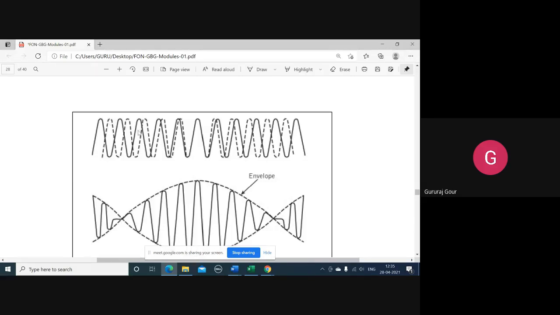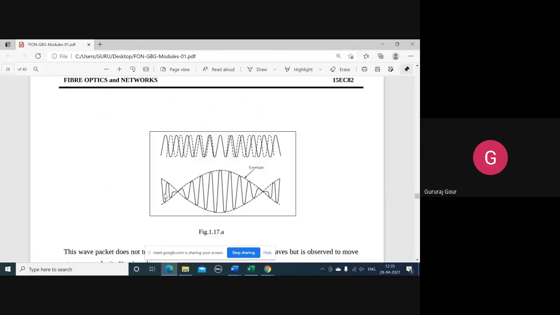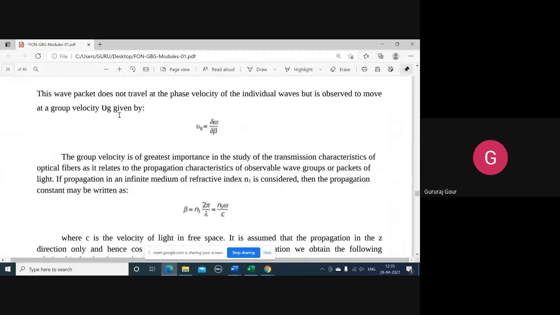This is what we are telling, and they are altogether transmitted as a monochromatic light wave, and the envelope generated by these wave components is going to give us the plane wavefront. So this wave packet does not travel at the phase velocity of individual waves.